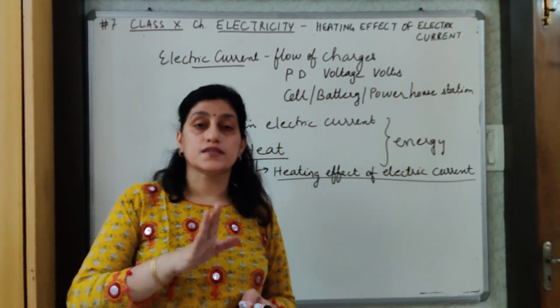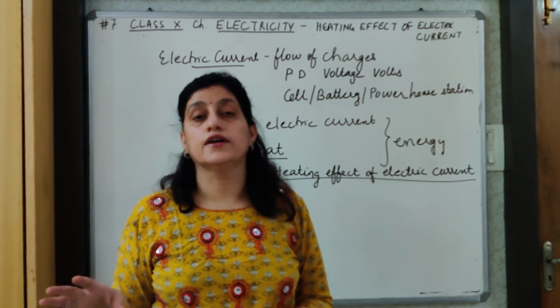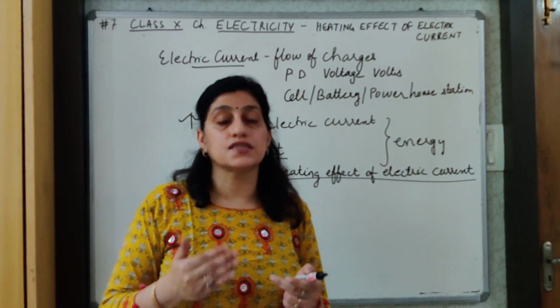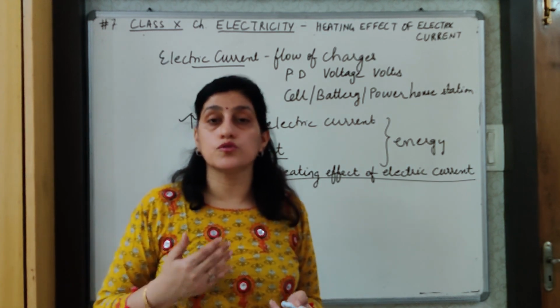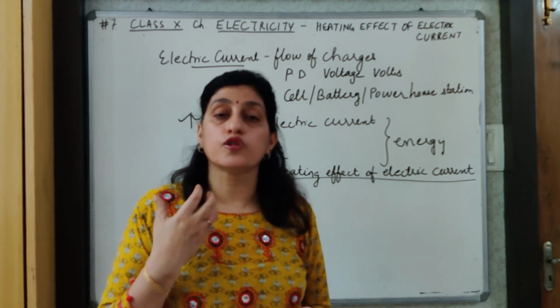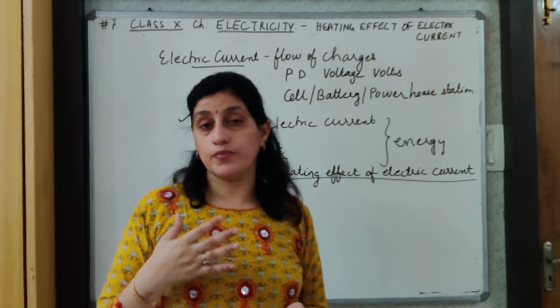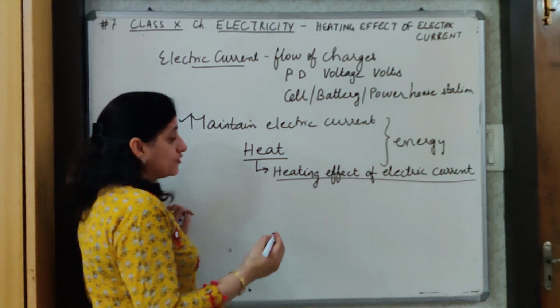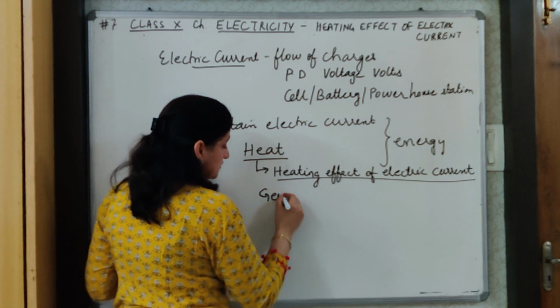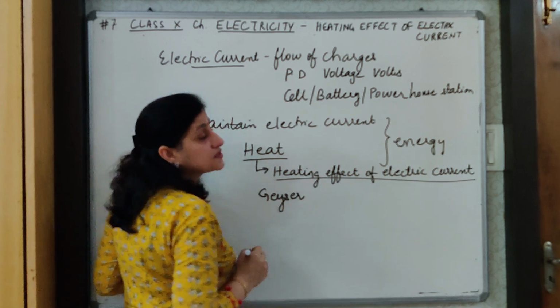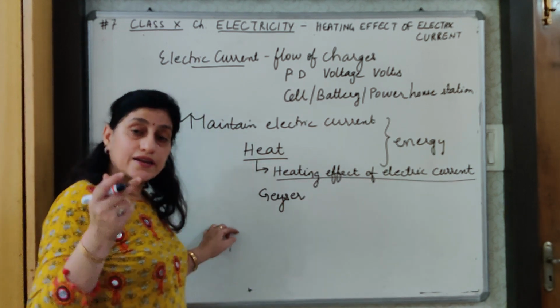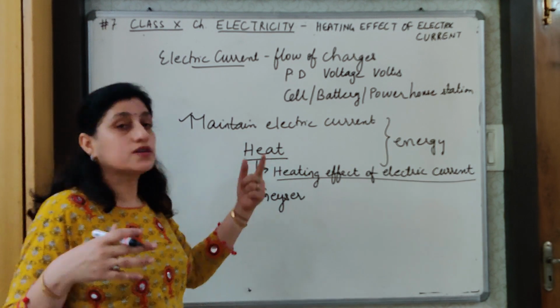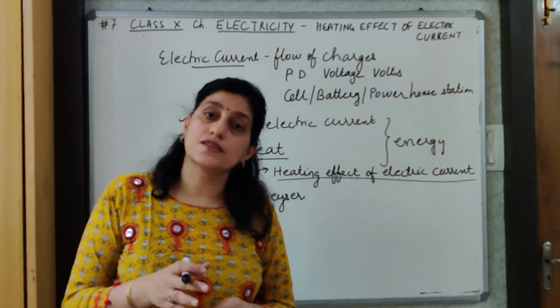Now this heat sometimes is not required, but in many cases this heating effect has been put into extremely useful things. I'll give you examples. For example, the very first thing if we take is a geyser. A geyser uses electrical energy, and the main component required is heat.